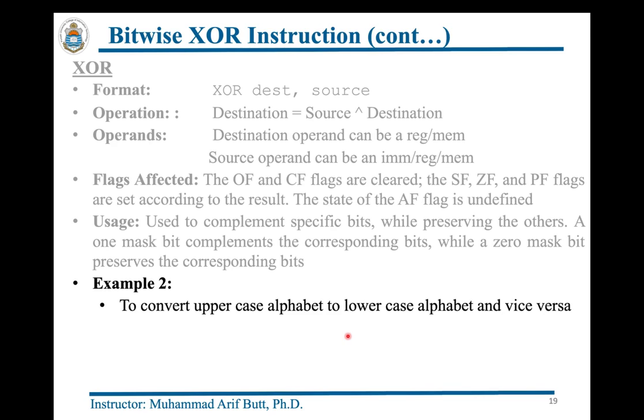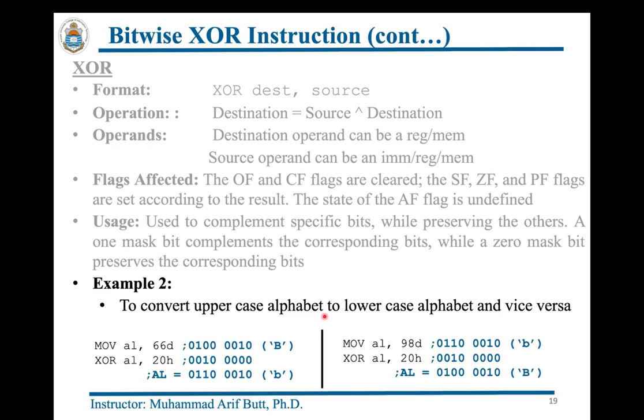Now if a programmer wants to convert an uppercase to lowercase and vice versa using the same instruction, then he or she can do that using the exclusive OR operation. And see these two code snippets over here. You can do an XOR with 20 hex, the ASCII of capital B, and it is converted to the ASCII of lowercase b.